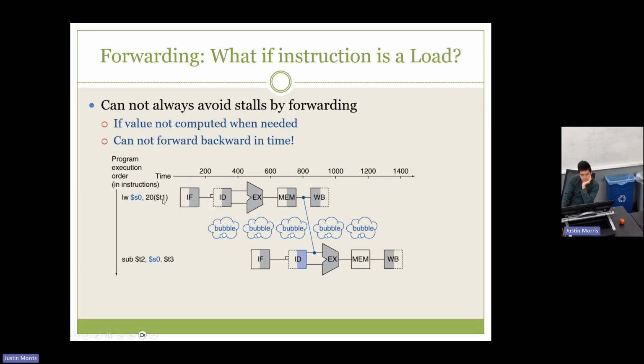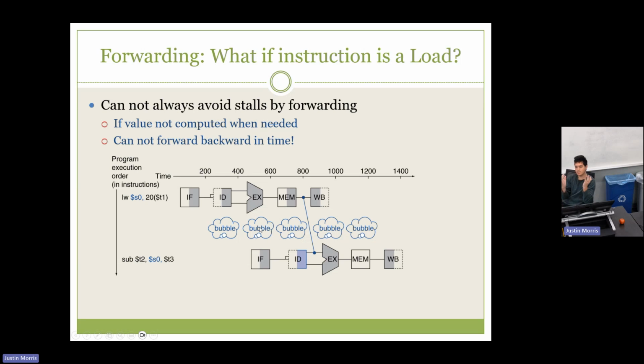So here we have the load word. And then when we're in the decode stage, we would fetch the sub instruction, right? And then when the load word is in execute, we're performing decode, right?